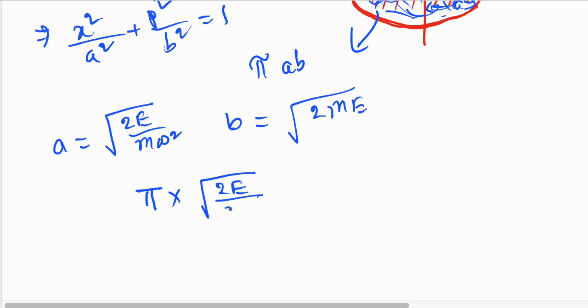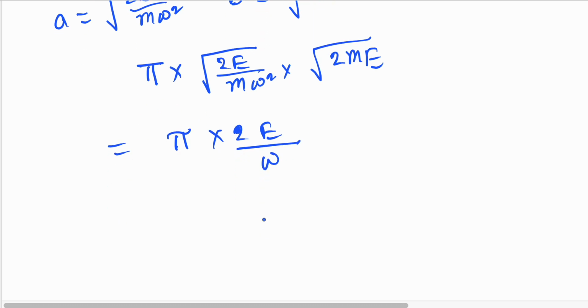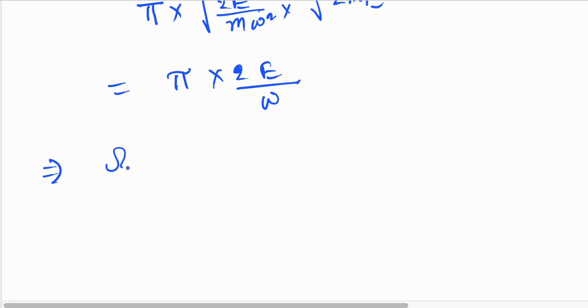A is root over 2E by m omega square, b will be root over 2mE, and this is pi into 2E by omega. Okay, so my total number of microstates will be 2 pi E by omega divided by h.